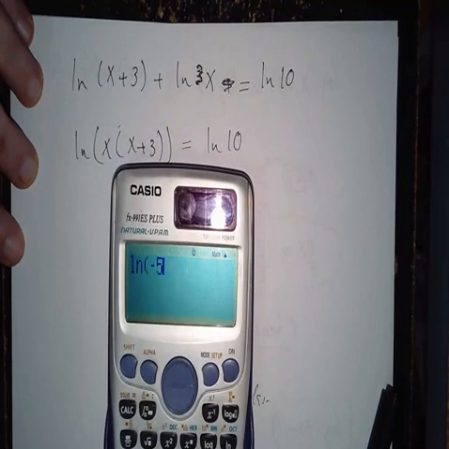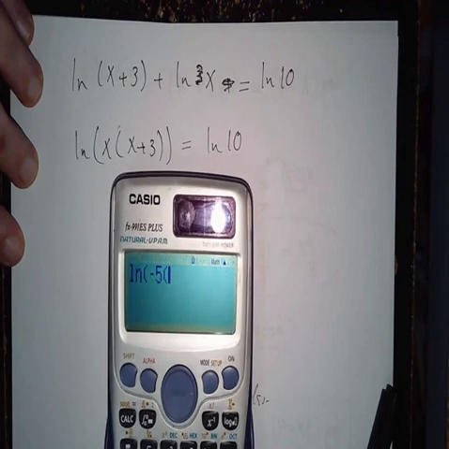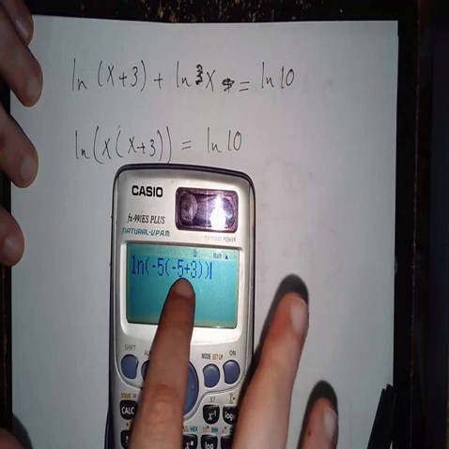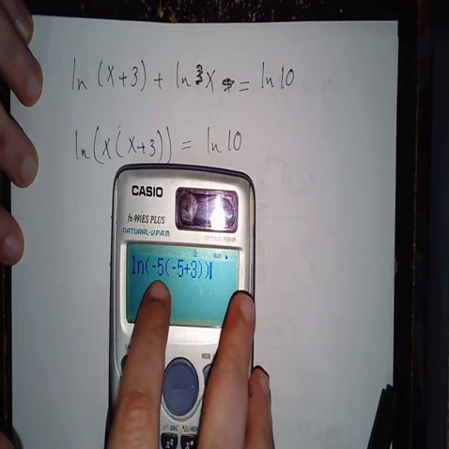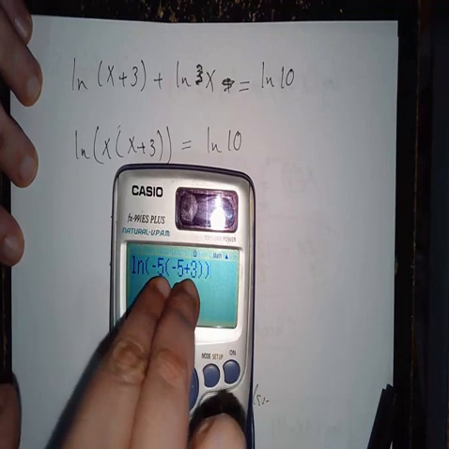Anyway, so negative 5 times negative 5 plus 3. So we already know the result of this addition is going to be what? Negative. And it's going to get multiplied by another negative. So the result is going to be positive. Yeah?